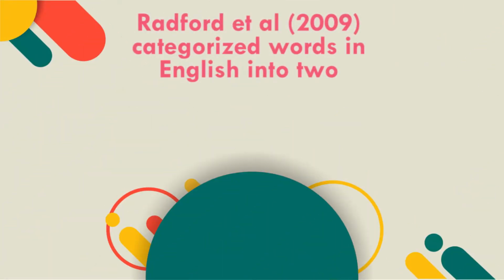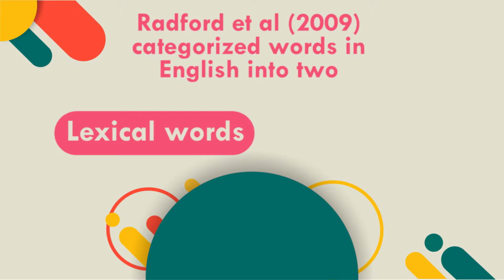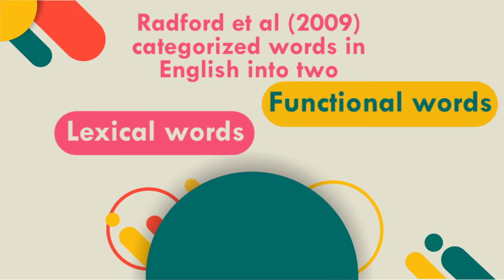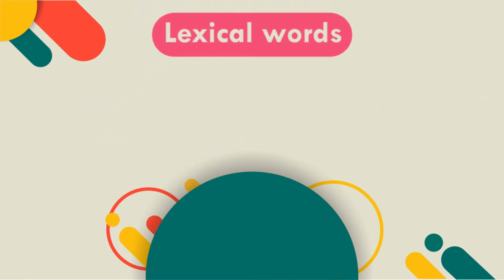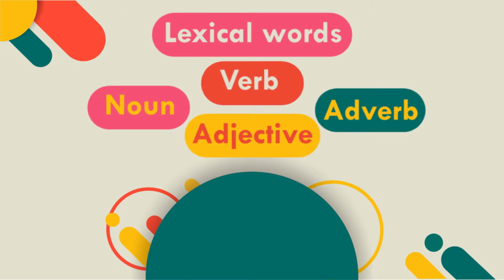Redford et al. categorized words in English into two. The first one is lexical words, and the second one, functional words. Lexical words consist of four major classes: nouns, verbs, adjectives, and adverbs.